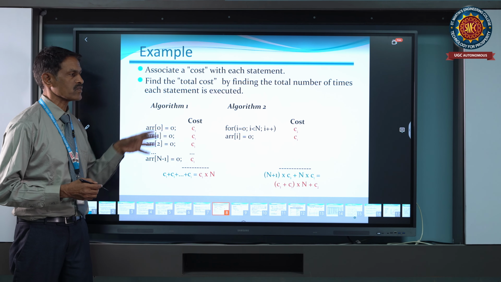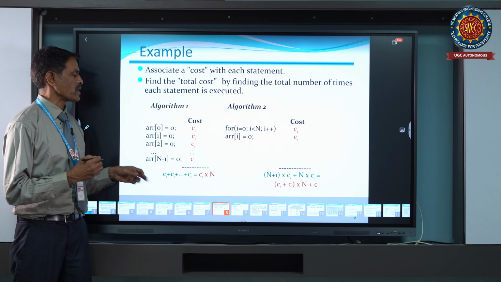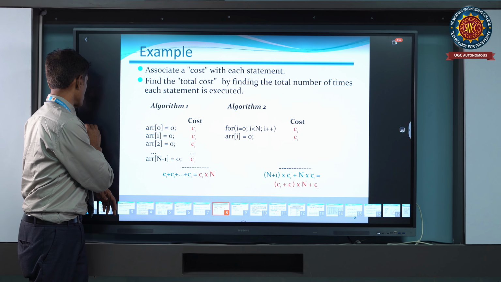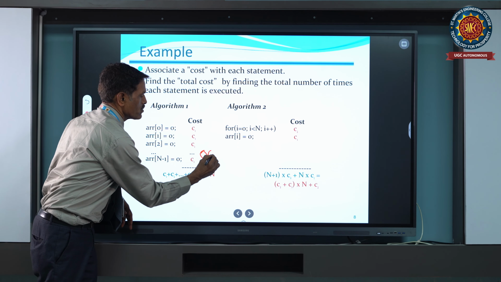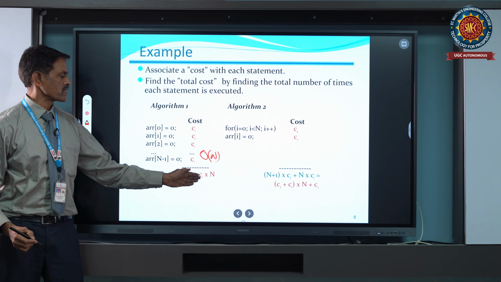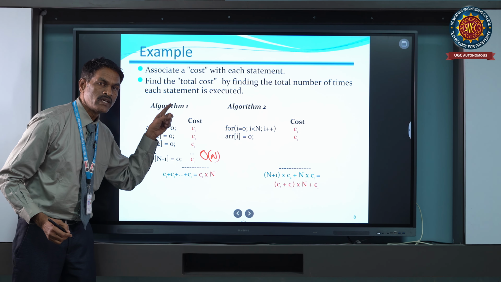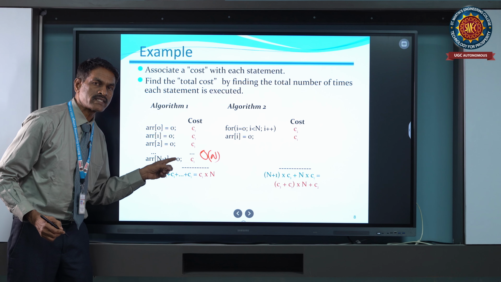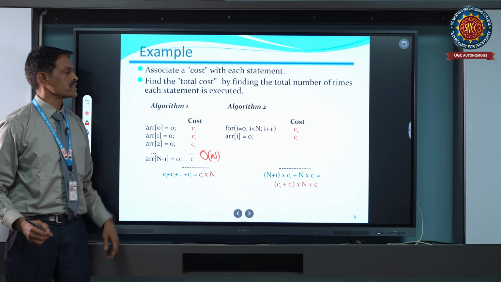This is for the future point of view I am explaining. So this is big O of n for this mechanism. Why? Because it happens n number of times: c1, c1, c1, that is n.